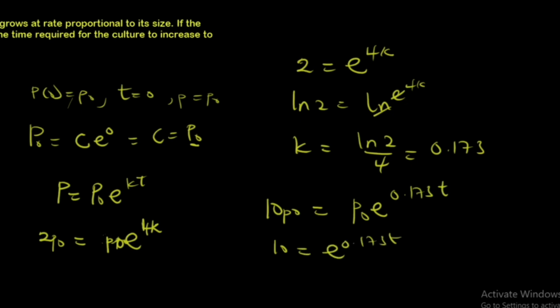Then we take the ln of both sides, and ln will cancel this. We are going to get t equal to ln 10 over 0.173, which will give you 13.31. It's very simple. One advice I'll give you is that you should try to expose yourself to as many questions as possible with regard to growth and decay. Let's take another question.